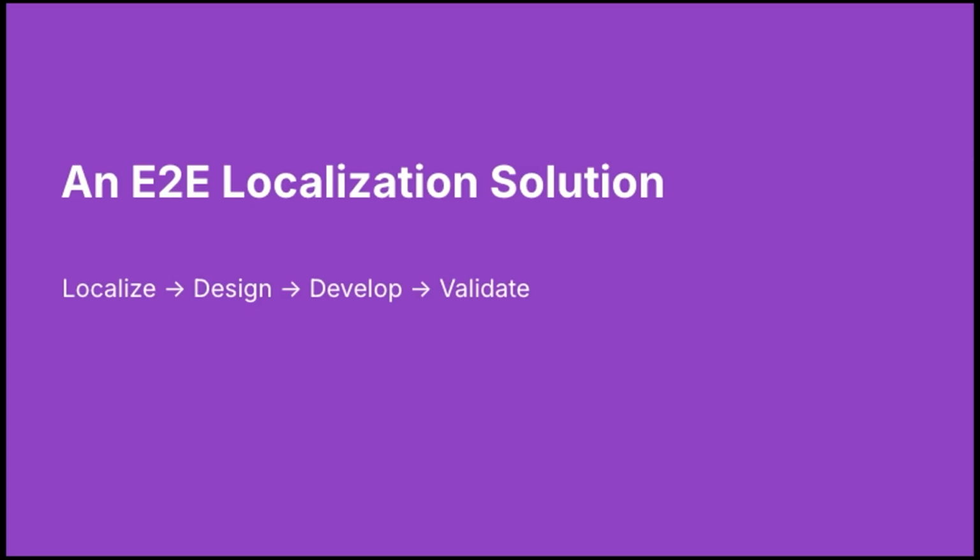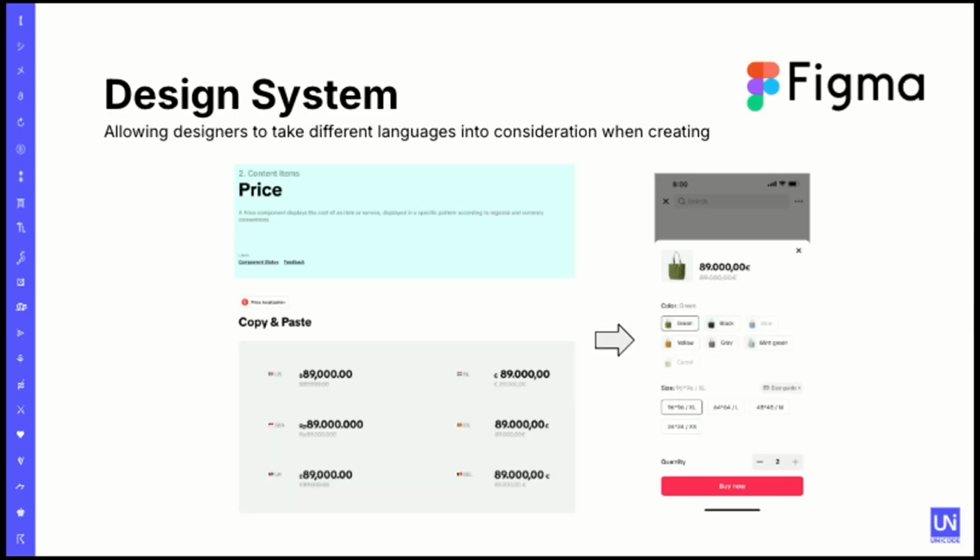Once the Figma page is created, the expectation of how the component looks and how it can be designed is already made. The reason I mentioned this is that without a localization solution or Figma plugin like this, designers wouldn't have the context to design a price component that has the currency symbol on the left, but also maybe on the right.